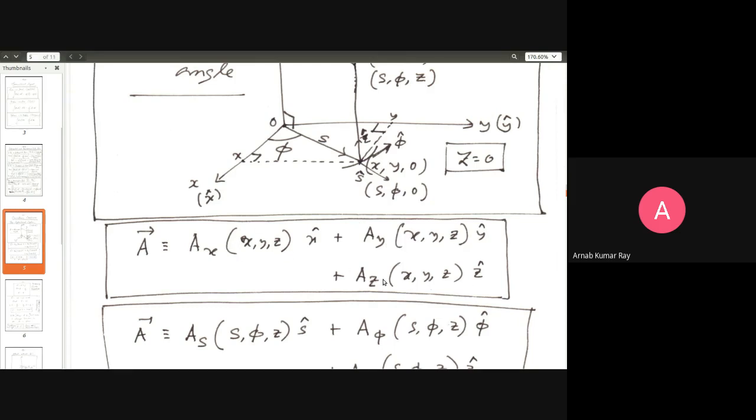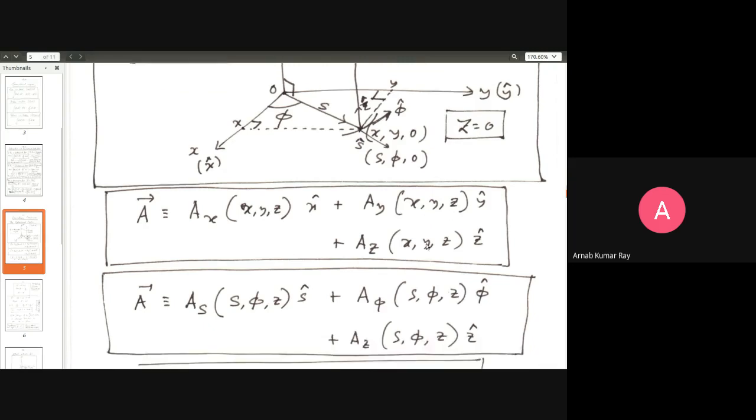So A_x, A_y, A_z are the magnitudes of the three components, and they depend on the Cartesian coordinates x, y, z in the most general sense. It doesn't always have to be that A_x will depend only on x. It can depend on y and z also. To make the discussion most general, we are writing it like that.